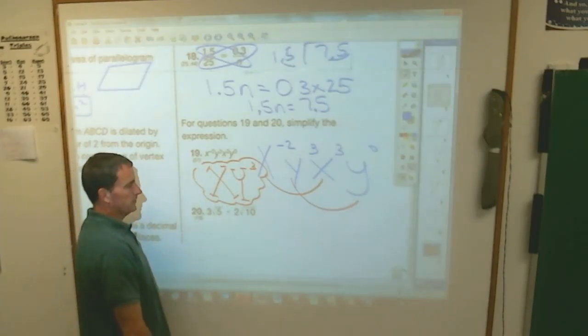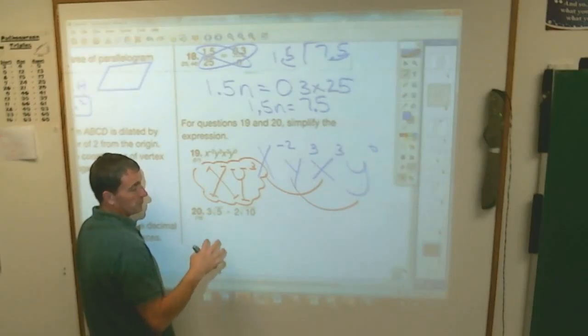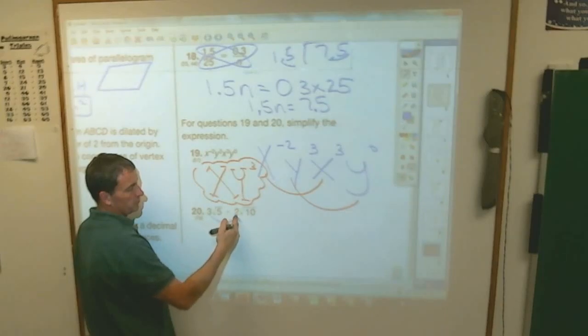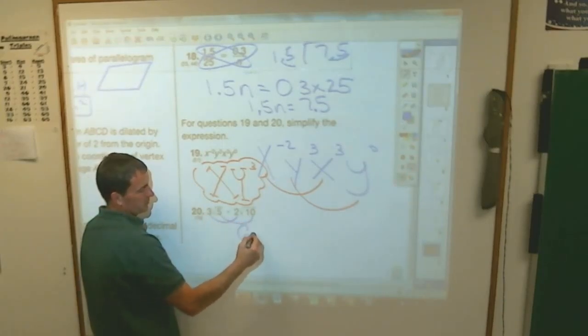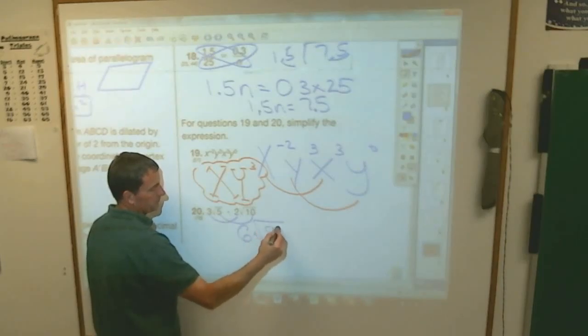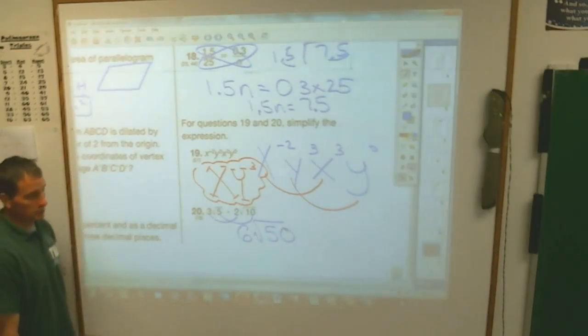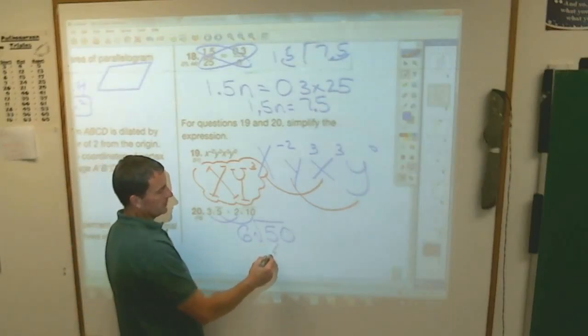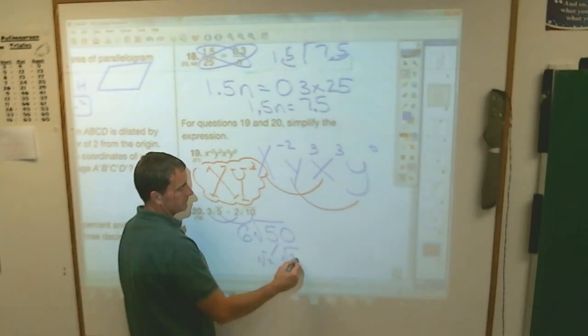Absolutely. And here's the deal with this one, people. You could just multiply these together and then break it down. 3 times 2, the normal numbers times the normal number gives you 6. 5 times the square root of 10 is the square root of 50. But then you have to try to simplify it from there. What times what gives you 50? Square root of 2 times the square root of 25.